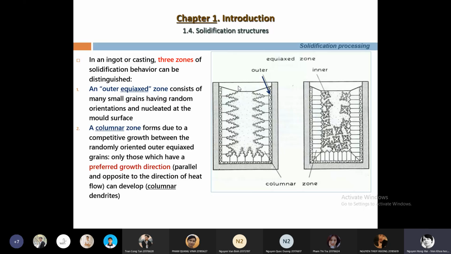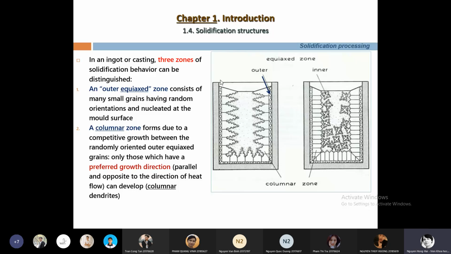This can be formed because the outer equiaxed grains are randomly oriented. Only grains from this outer zone that are oriented very well can develop.